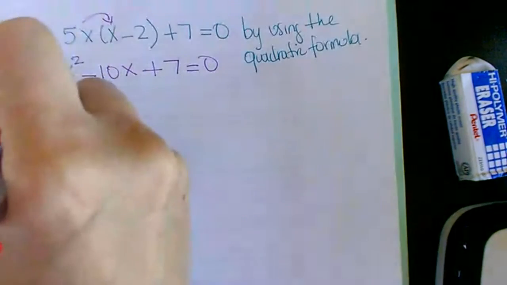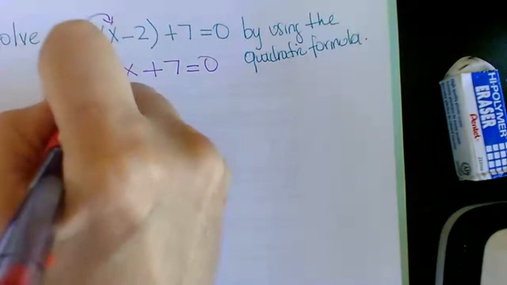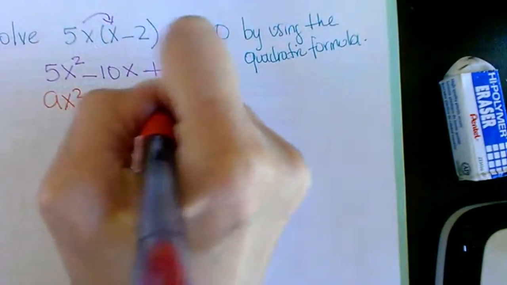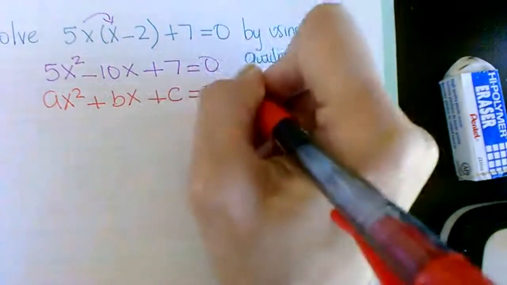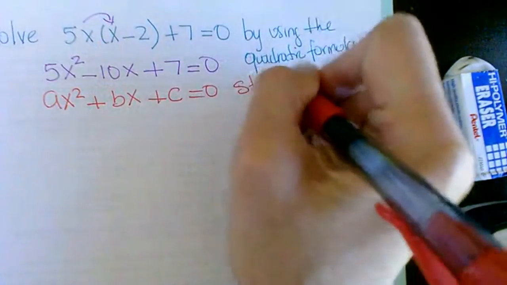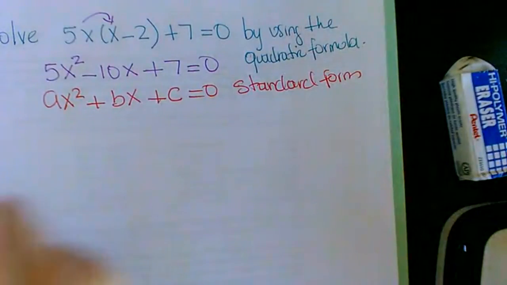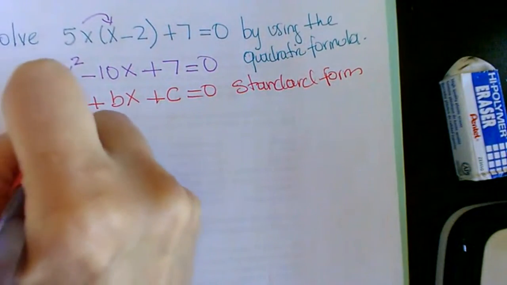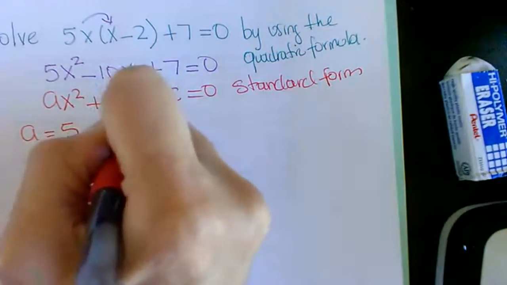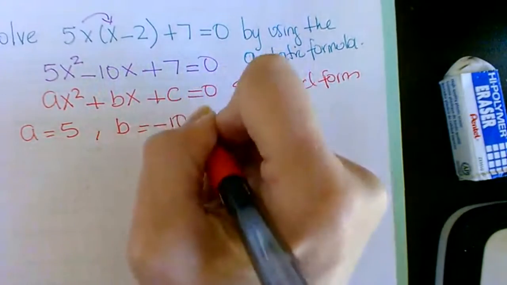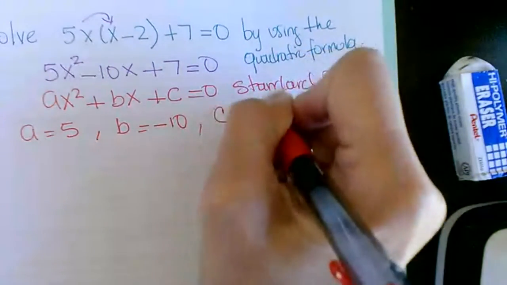Like you always said, this is the standard form, where a is equal to 5, b equals negative 10, and c equals 7.